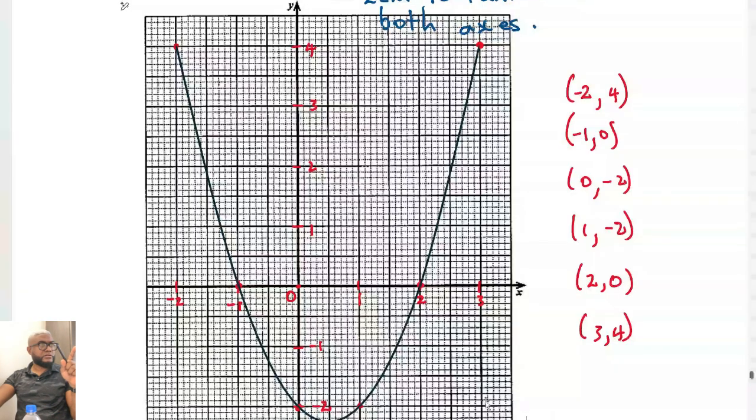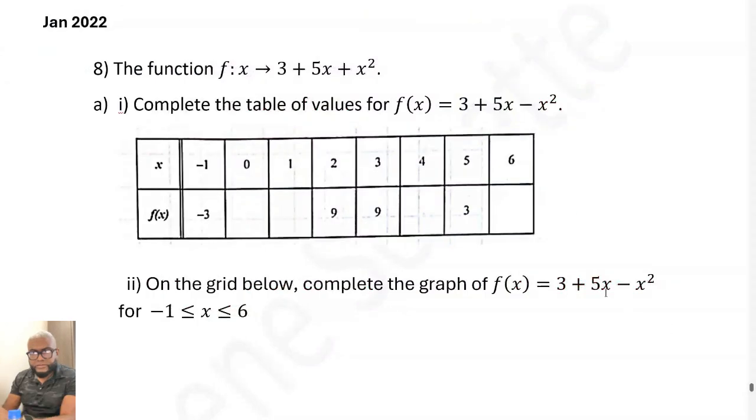Something wrong there. You miss out a coordinate. Watch. You miss out -2, 1. All right.